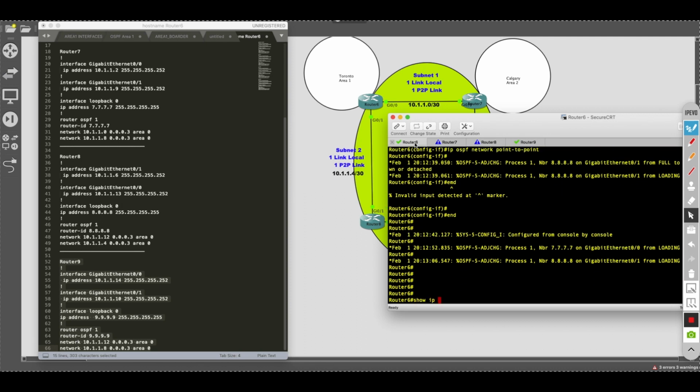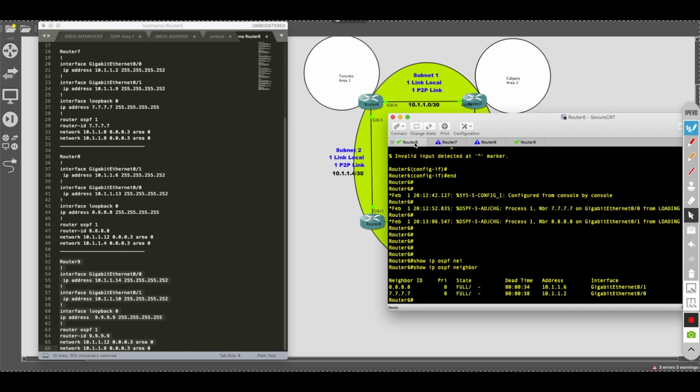If we do a show ip ospf neighbor, I can see that we are in a full state and that there is no election of a designated and backup designated router anymore, and that it is considered a point-to-point status, even though it's on an Ethernet connection.